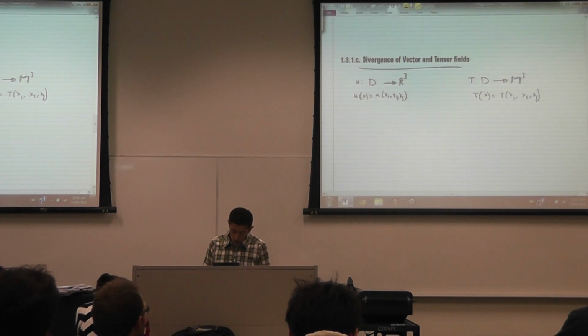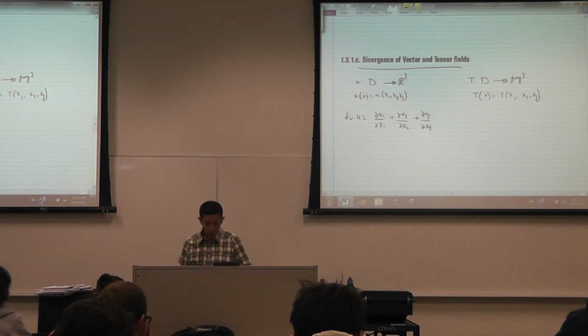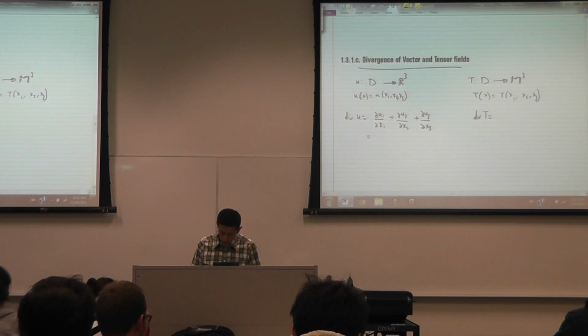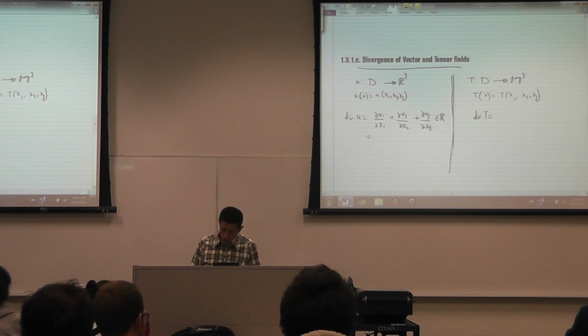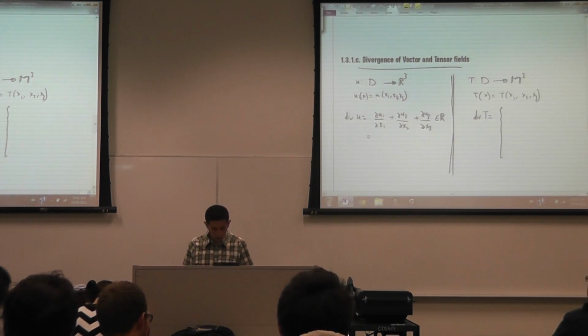The divergence of u is defined as partial u1 by partial x1 plus partial u2 by partial x2 plus partial u3 by partial x3, and this is a scalar. The divergence of T is a vector defined as follows.